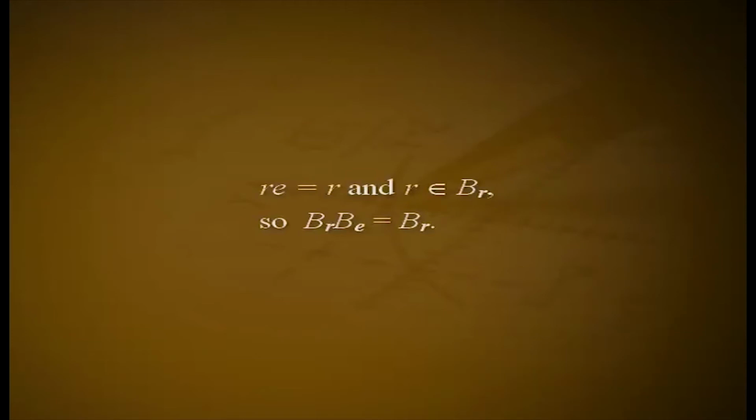Similarly, in computing BR into BE, we choose R belongs to BR and E belongs to BE. Then R into E is equal to R and R belongs to BR, so that BR into BE equals BR. Thus, we have shown that BE into BR is equal to BR, which is equal to BR into BE for any cell BR. Thus, BE must act as the identity cell in our group of cells.